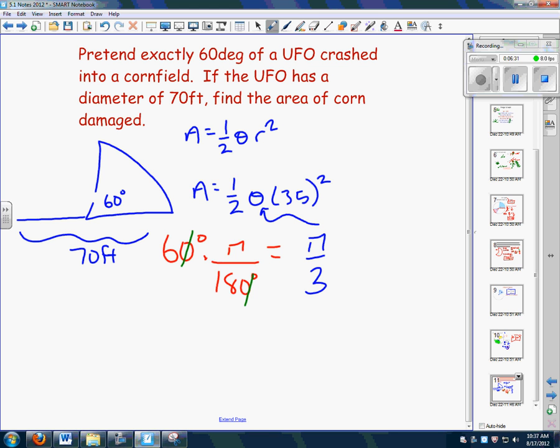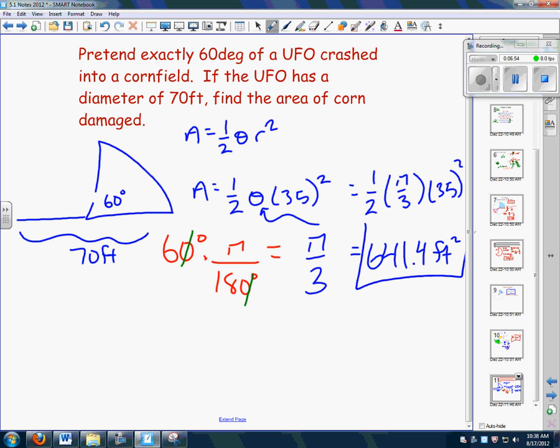So go plug this in there. And however you want to give me an answer here is fine. So I'm going to go ahead and just include the pi this time because our answer is going to be ugly no matter what. So this is about 641.4 square feet of damaged corn.